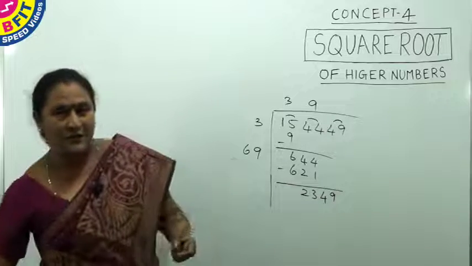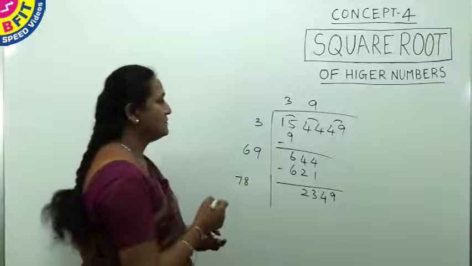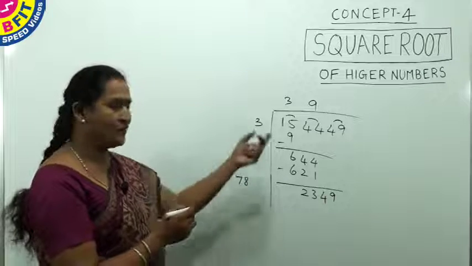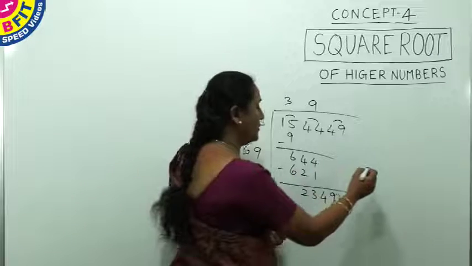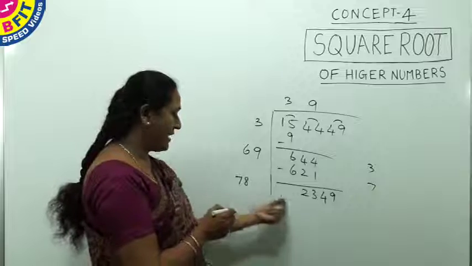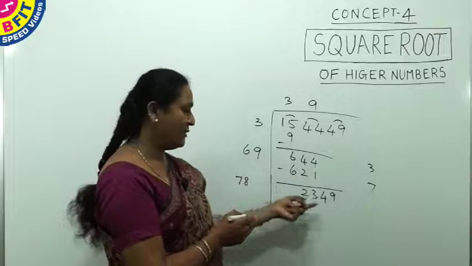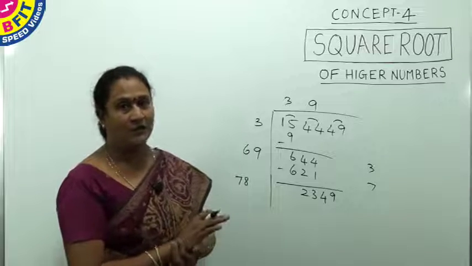So we'll double the number. It is 78. Now what can be the unit place? Instead of multiplying and working out, we have 9 here, so it can be only 3 or 7 in the unit place. And we have here 23. So 7 into 3, 21 will be a number nearing 23. So it should be only 3 in the unit place.